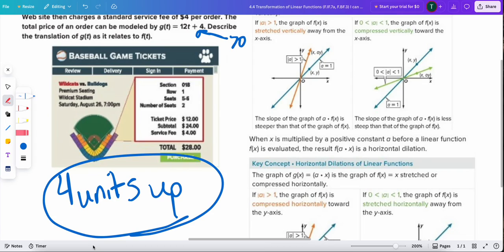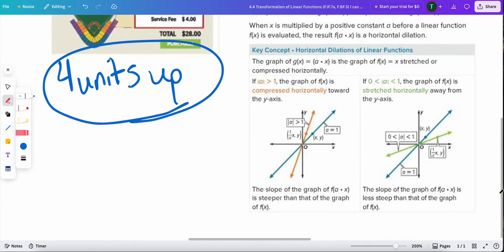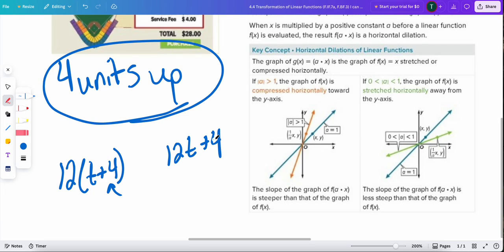In order for it to have been inside the function, it would have had to look like this: 12 and then t plus 4. This would have been when we had to look at if it went left or right. But because it was 12t plus 4, that means it has to be up or down. And since it was plus, it's up.